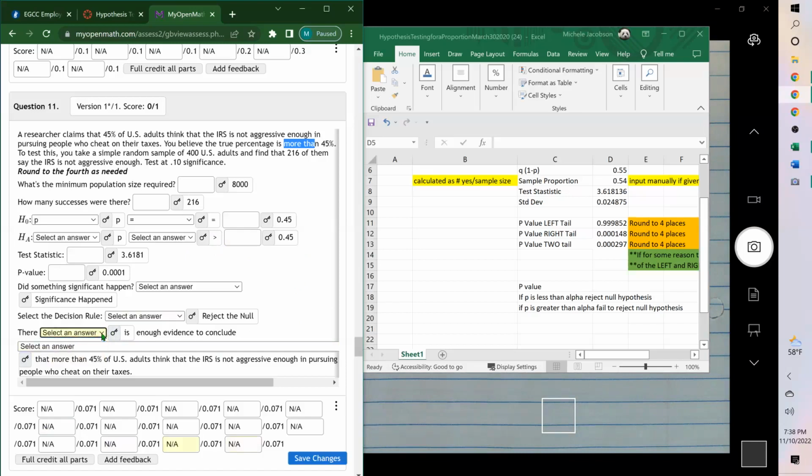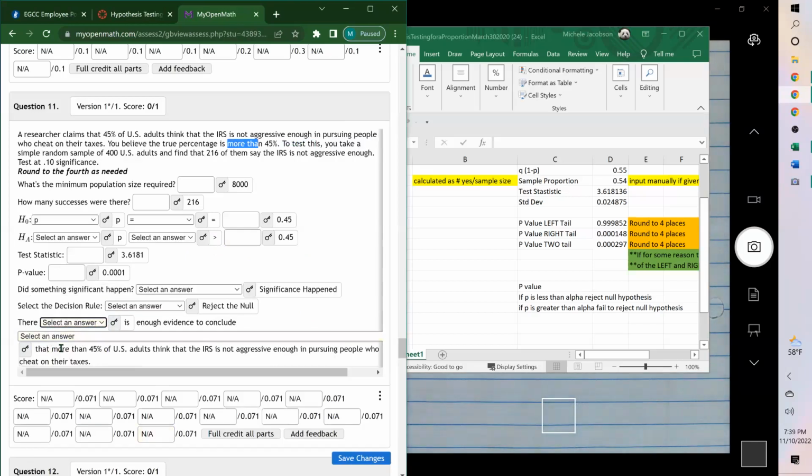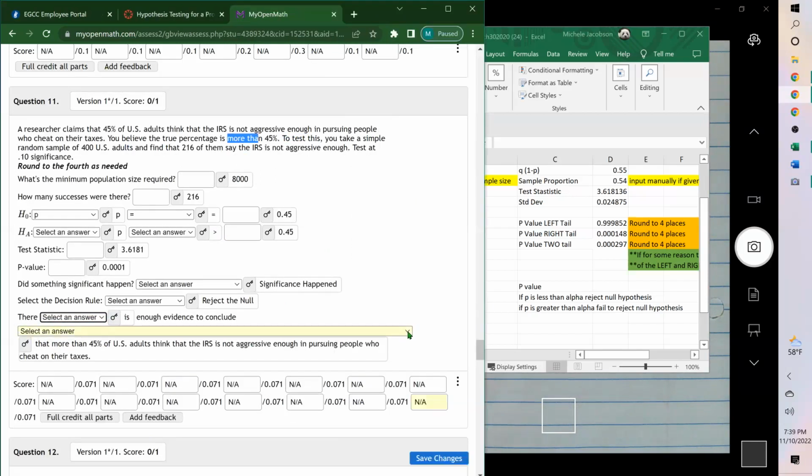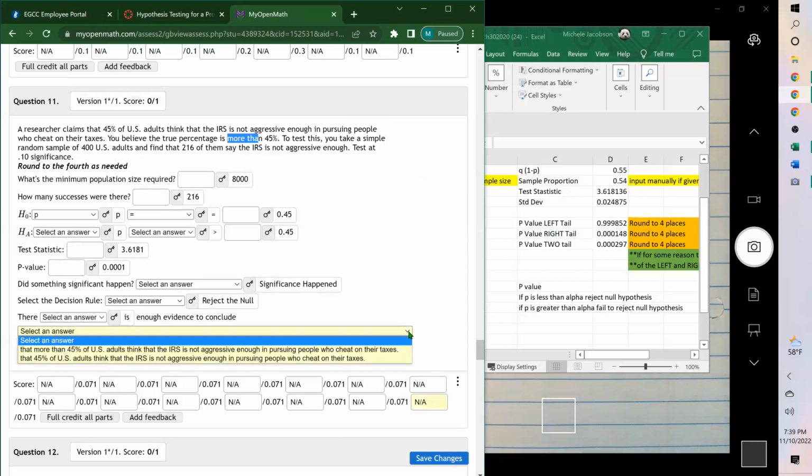Is that also to say we accept the alternate hypothesis? Yeah, exactly. That's exactly what it's saying. Accept that to be true. Correct. That more than 45% of adults think the IRS is not aggressive.